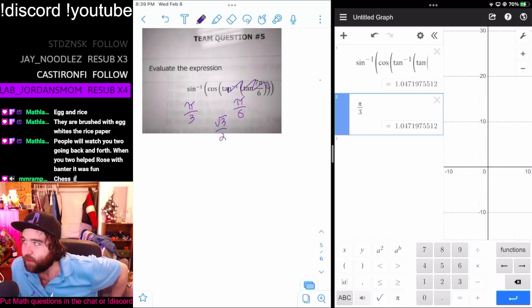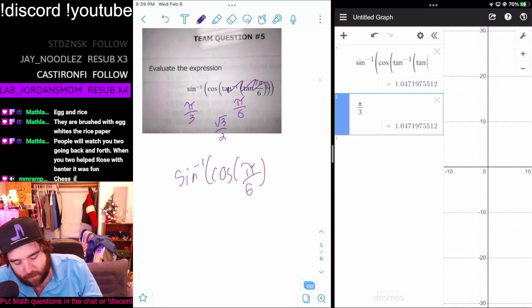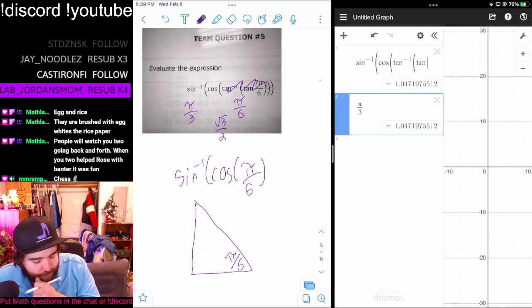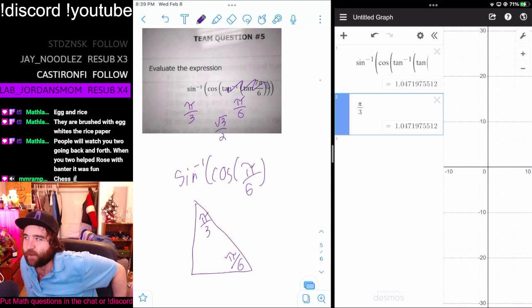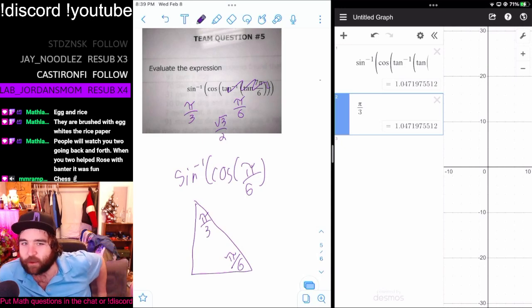And then you could have done the little thing, when you have the inverse sine of cosine of pi over 6, you could have thought about the triangle, like, here's the pi over 6. Although that's hard to wrap my head around, so I'd almost rather not. Yeah, me too. But if it was a bad angle, we'd have to do something like that. Maybe that's not right, because normally the inverse is the one on the inside.